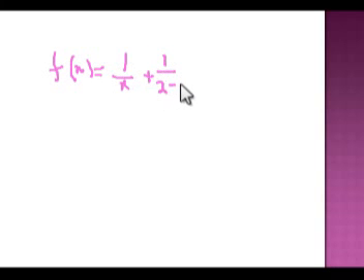I am taking f(x) equal to 1 by x plus 1 by (2 minus x). It is very easy to find out that it is continuous.